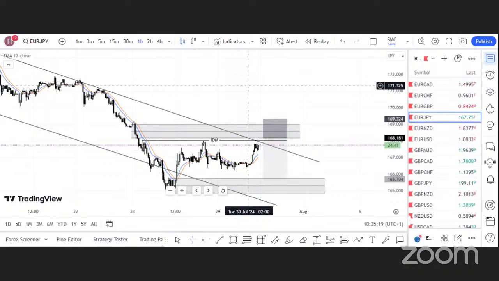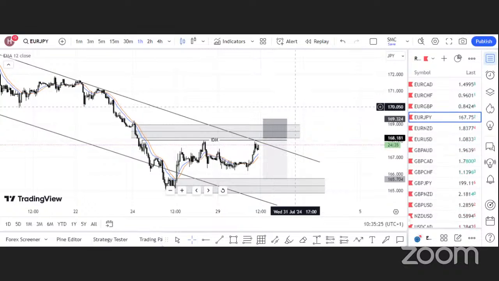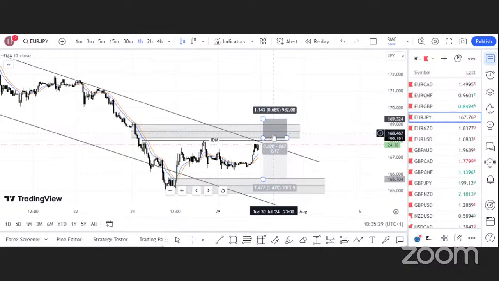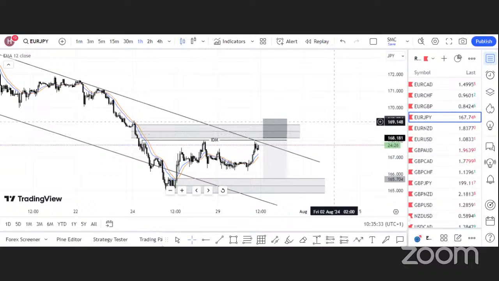All right, so we have the inducement level, and now I expect the market to actually get to this level and then sell downwards.